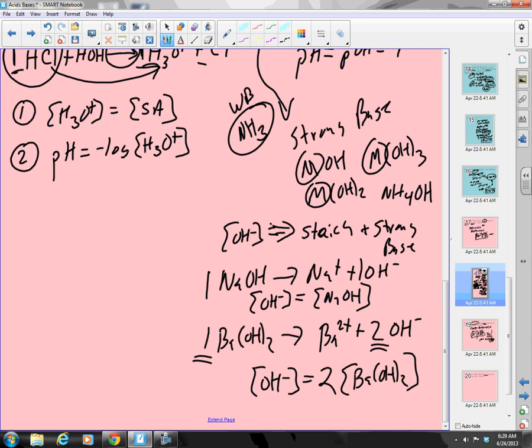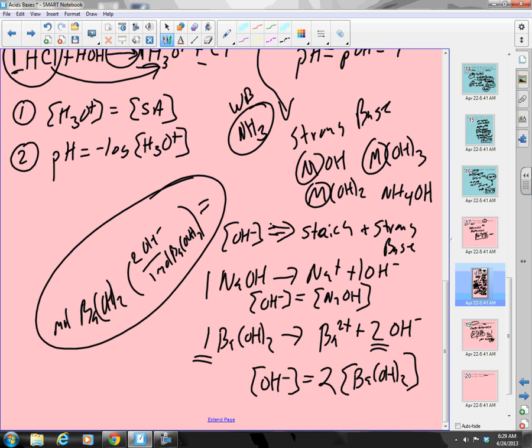Got it? Mole ratio 2-to-1: moles of barium hydroxide times 2 moles of hydroxide per 1 mole of barium hydroxide. That's the way we do that. So the first thing we want to do is get your hydroxide concentration using stoichiometry.